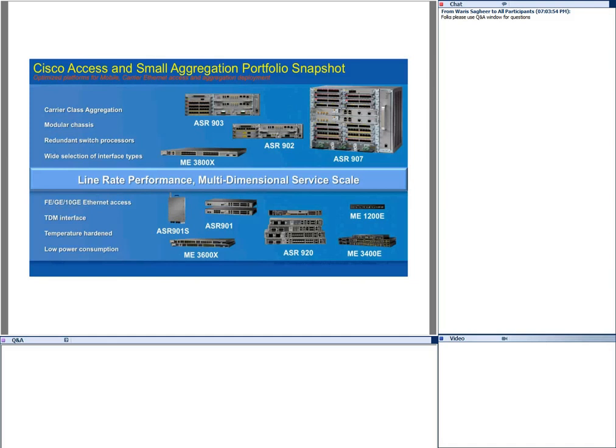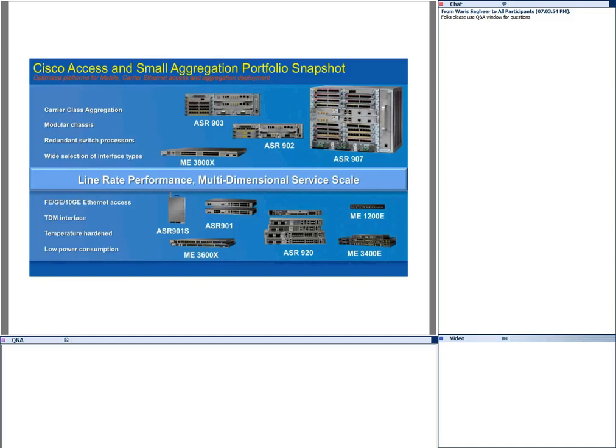The ME3400 and 3600 all evolved into next generation platforms, which is ASR920. So in the access portfolio, we have the fixed variants, which is 920. We're going to talk about 920s, which is the current generation of access variants. And then we'll talk about the aggregation product portfolio, which is ASR900, mostly the modular variants.